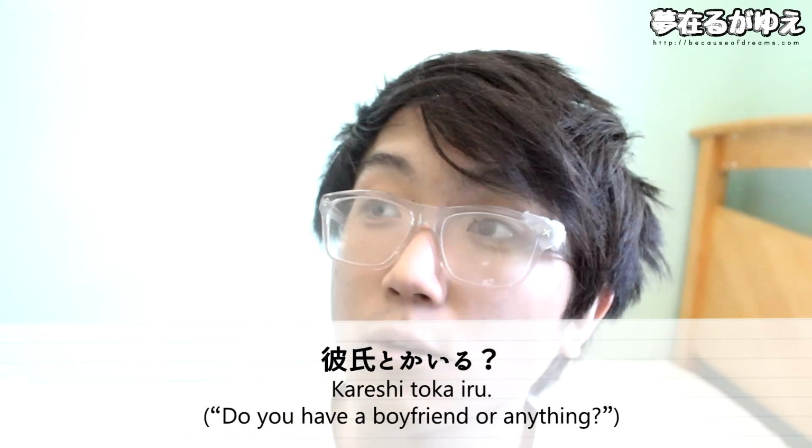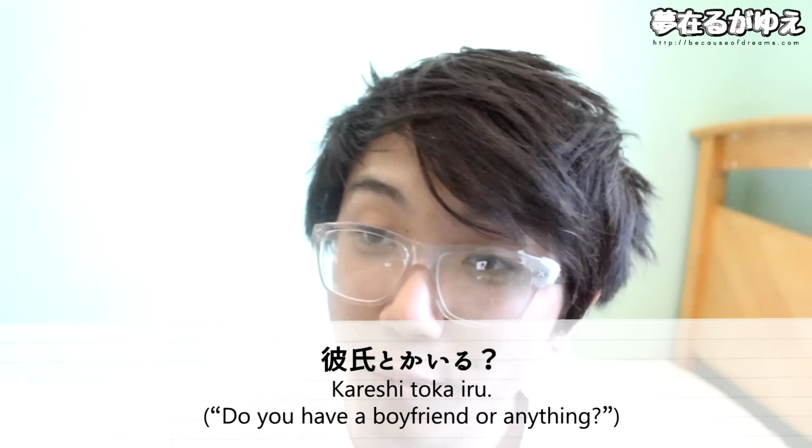When you're trying to ask somebody out, sometimes you'll kind of be not too pushy and you'll ask them if they already have a boyfriend or girlfriend yet. So what you're going to do is you're going to say, do you have a boyfriend or anything? And of course here, that or anything at the end is kind of softening your statement. And so in Japanese, we can essentially do the exact same thing with the usage of toka. And so our identical Japanese sentence will just be kareshi toka iru, and this is going to mean quite literally, do you have a boyfriend or anything?